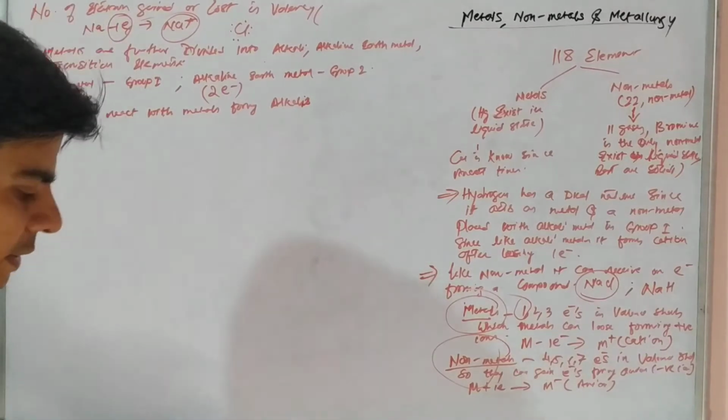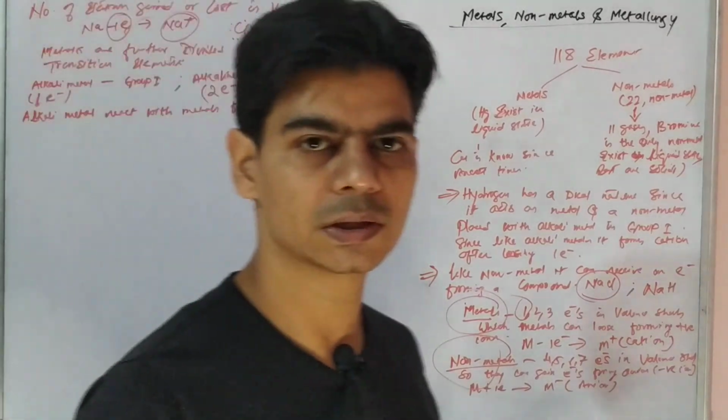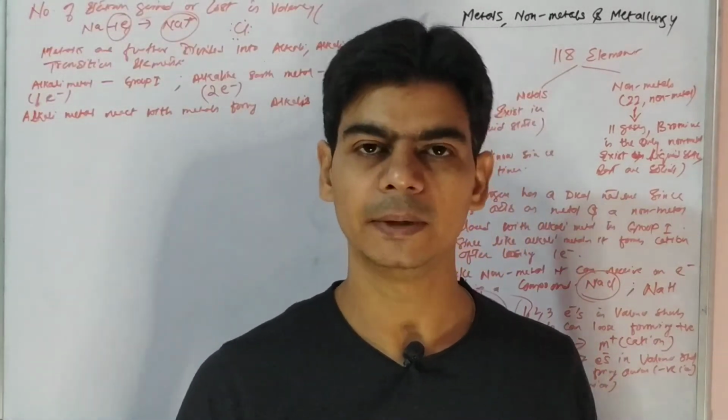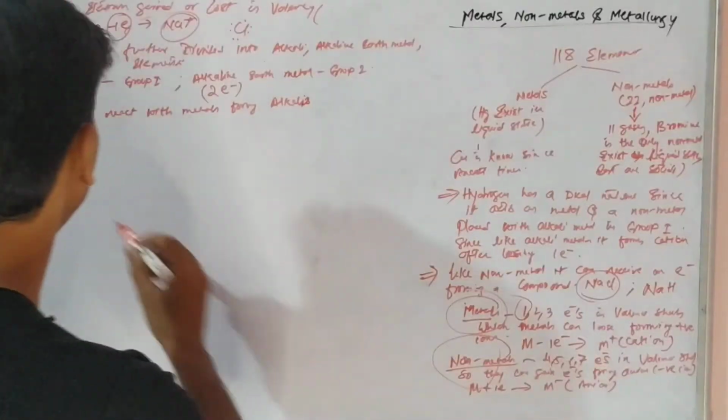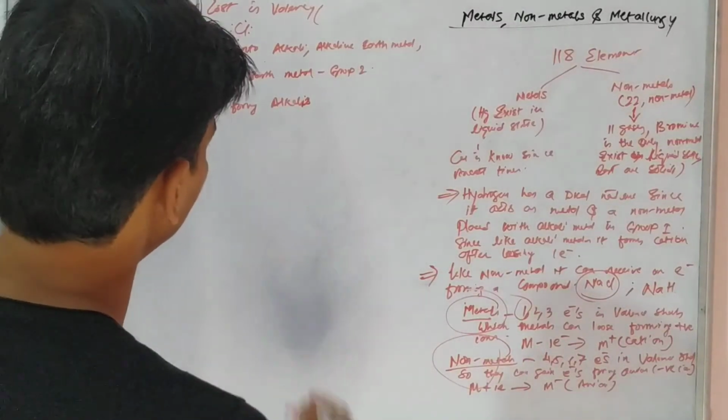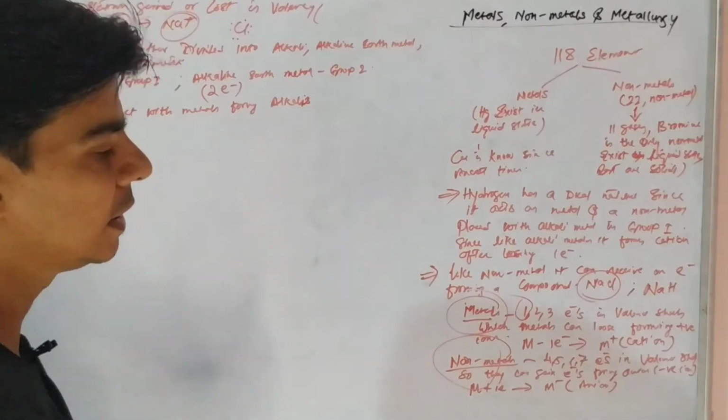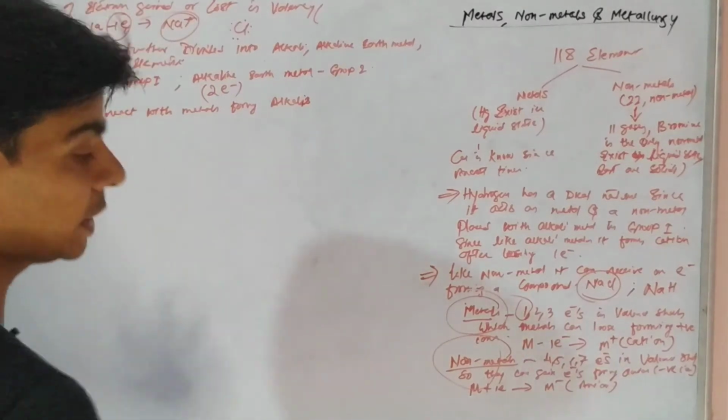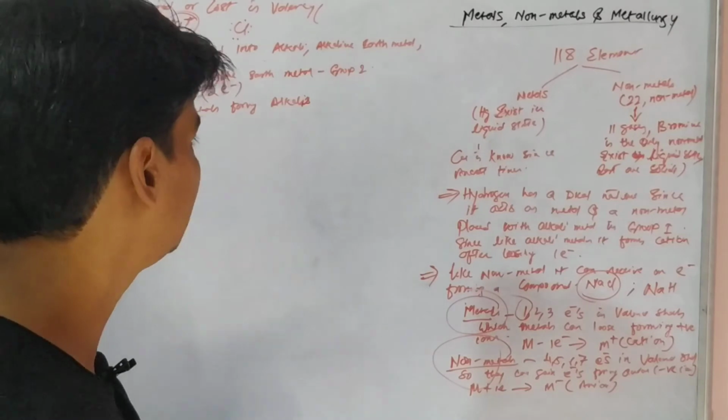We know what alkalis are; we have studied in acids, bases and salts. Alkalis are water soluble bases. So alkali metals react with water forming alkalis. That is why they are known as alkali metals, because they react with water forming alkalis.